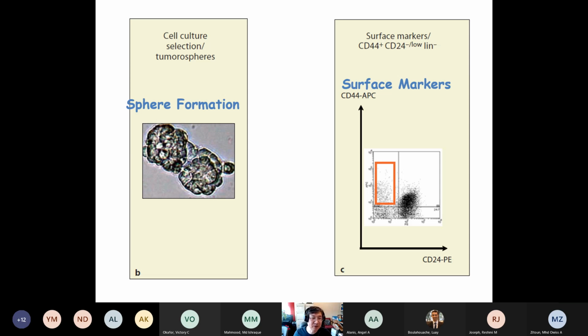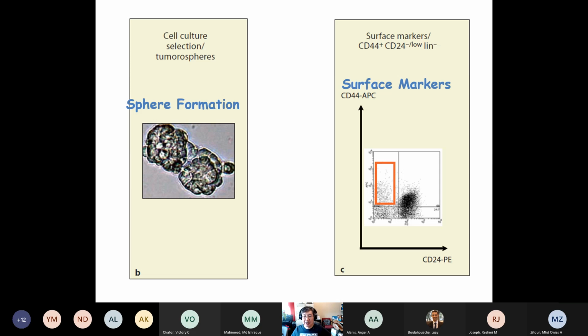On the left are tumoral spheres. Sphere formation is one way to capture stem cells, as I explained for cardiac stem cells. In this example, to identify cancer stem cells, you make a single cell suspension from a tumor, and then you allow the cells to be cultured in suspension, and some of the cells will form a sphere, like shown here. In those spheres, you have a higher likelihood to have stem cells.